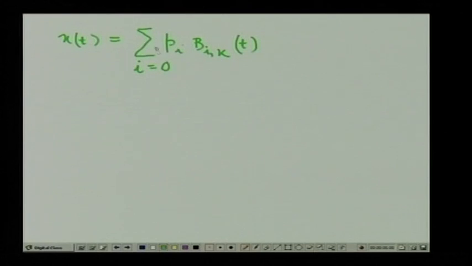A B-spline function is usually represented by, say, x(t) equal to the sum of p_i into b_i,k(t), where you take the summation from i equal to 0 to n, so n plus 1 is the number of samples which are to be approximated.